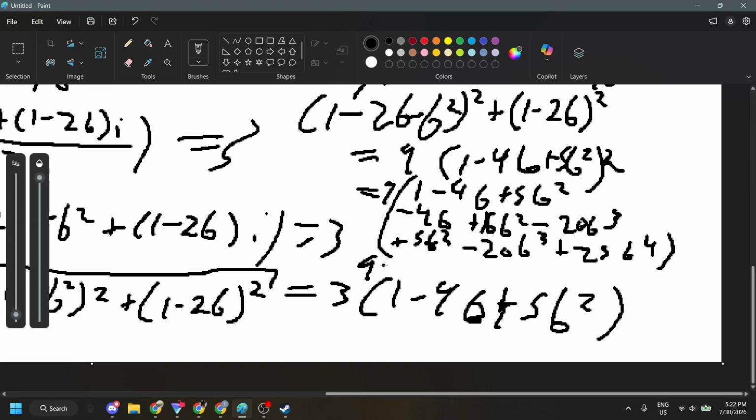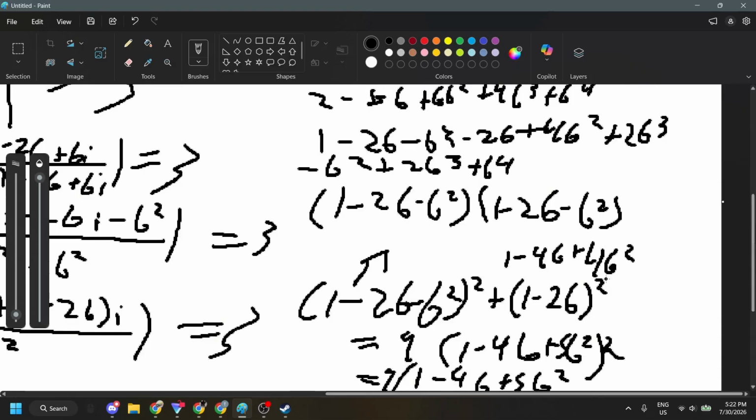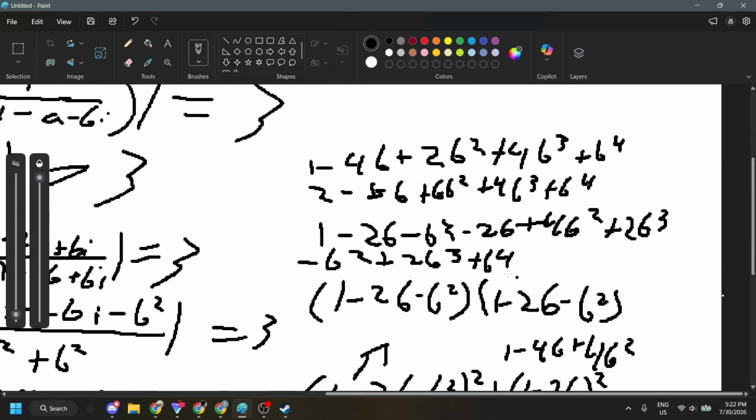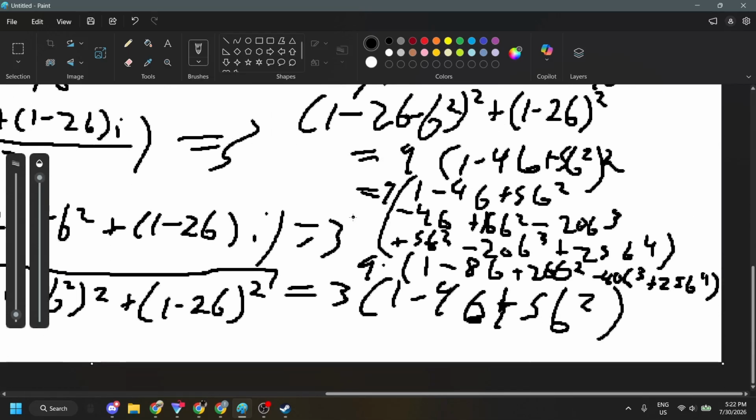So this is just 9 times 1 minus 8b plus 26b squared minus 40b cubed plus 25b to the 4. So this is equal to 9 times this.